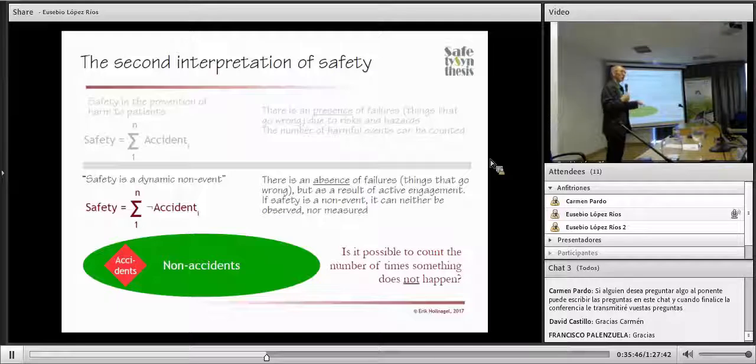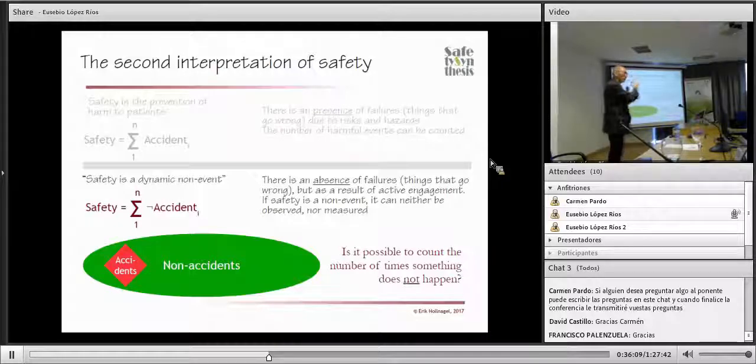And of course, you can't. You can only count how many times something happens, not how many times it doesn't happen. If you drive your car here and drive home, when you drive home tonight, how many times did you not have a collision? 1, 10, 100, 1,000, who knows?